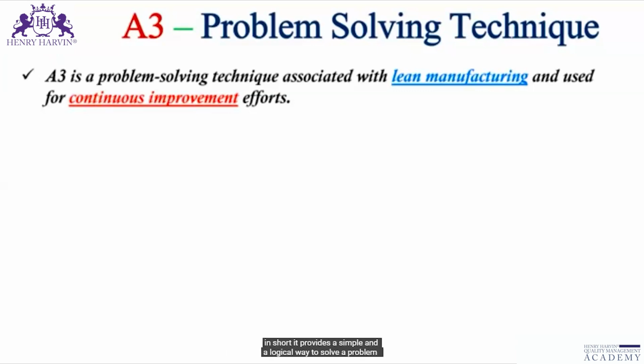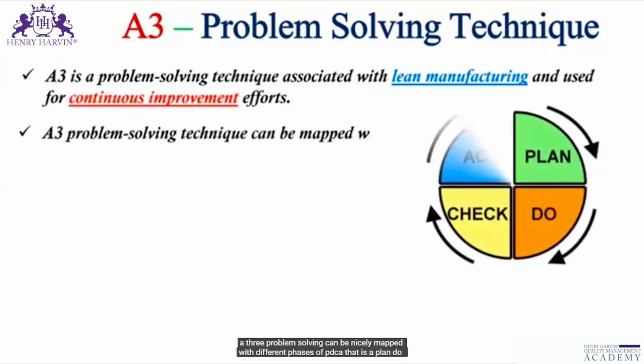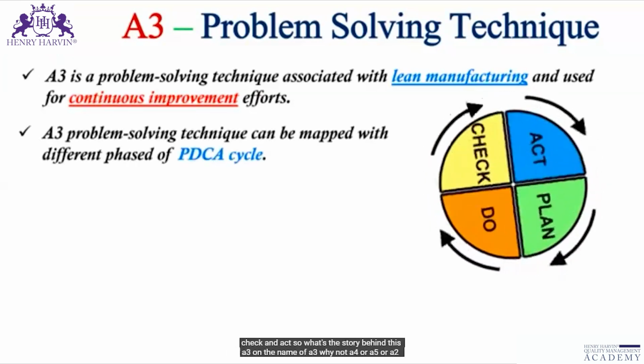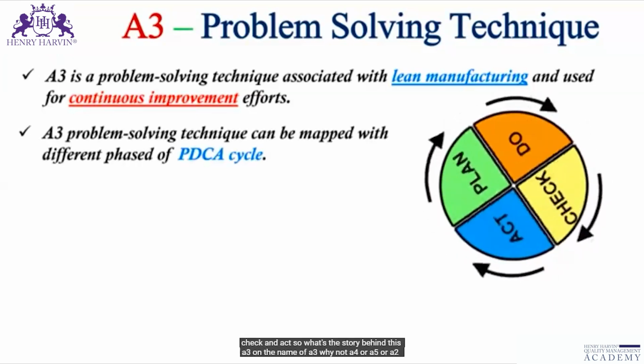In short, it provides a simple and logical way to solve a problem and then communicate the same information about the problem to the other co-workers. A3 problem solving can be nicely mapped with different phases of PDCA, that is plan, do, check and act.